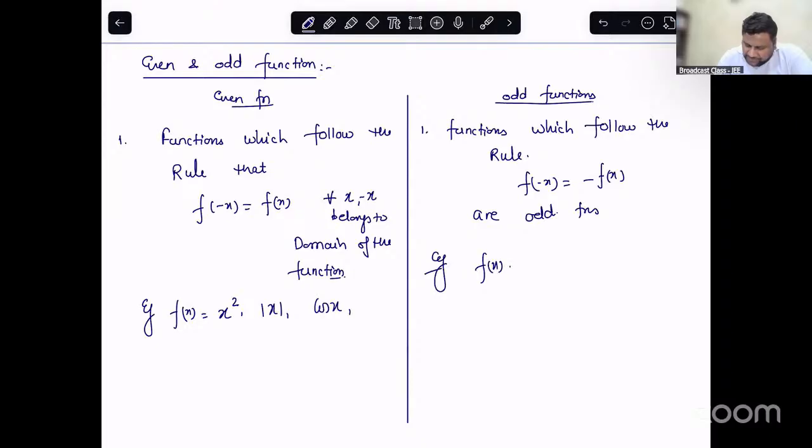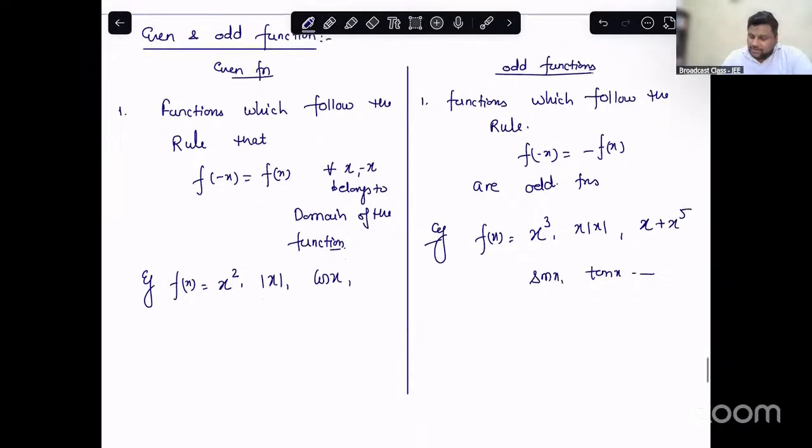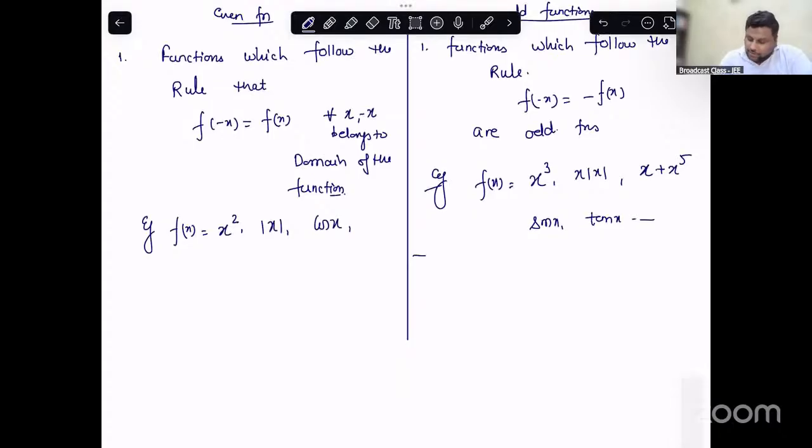For example, fx equals x cube, or x mod x, or x plus x to the power 5, or sin x, or tan x, and there are many more we will discuss in the upcoming examples. Am I correct? So these are called odd functions. These are called even functions.